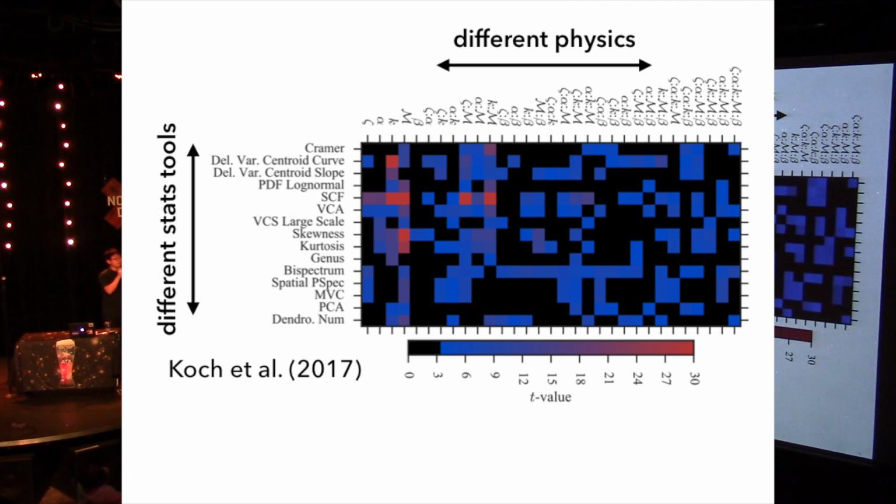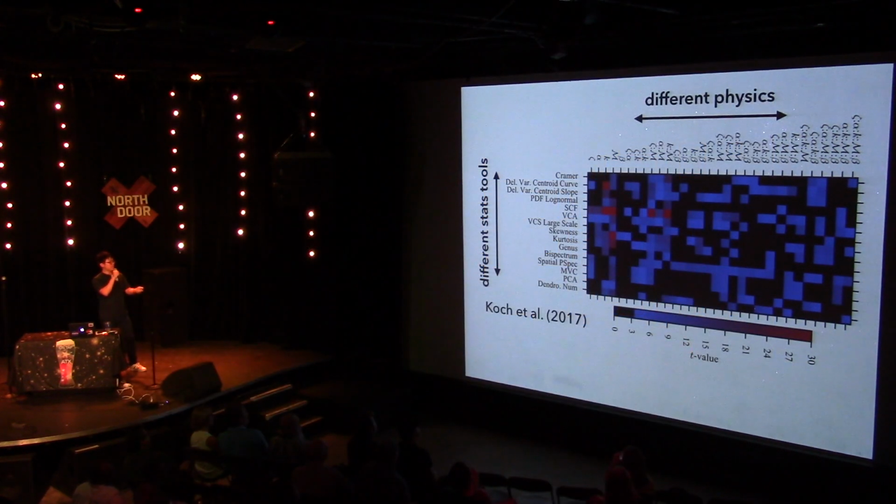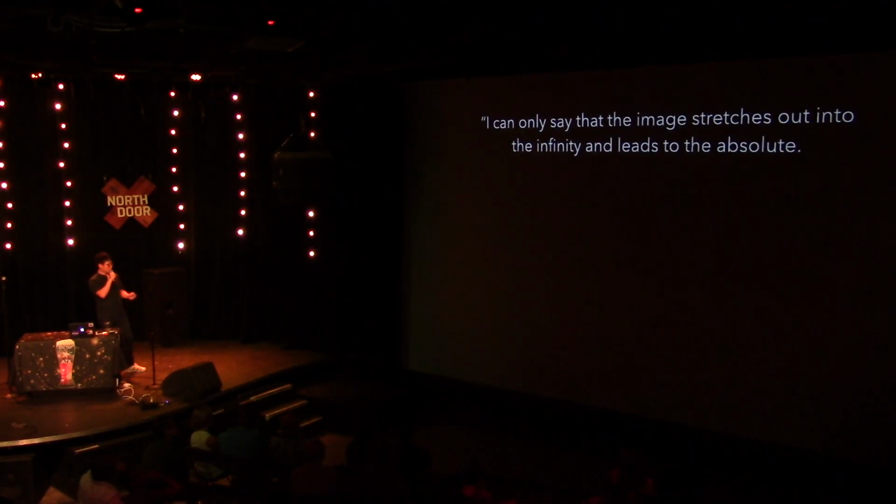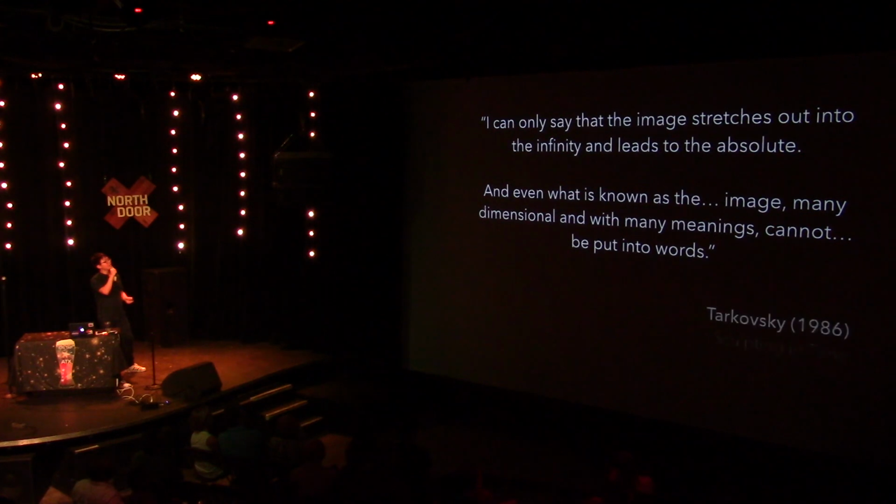So all this is made possible by not only the development in observations, but also data science, which is a hot word now. And yes, astronomers have come to be able to prove that what people talked about in the 1980s was true. So I would like to end by quoting my favorite movie director, Tarkovsky.